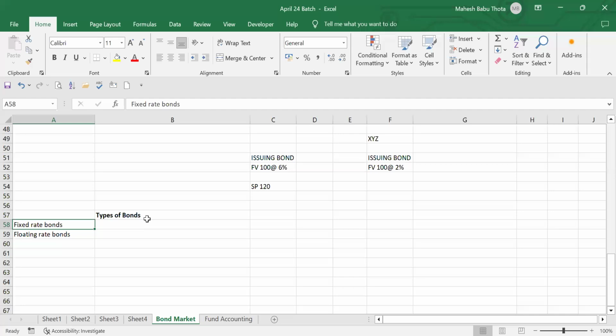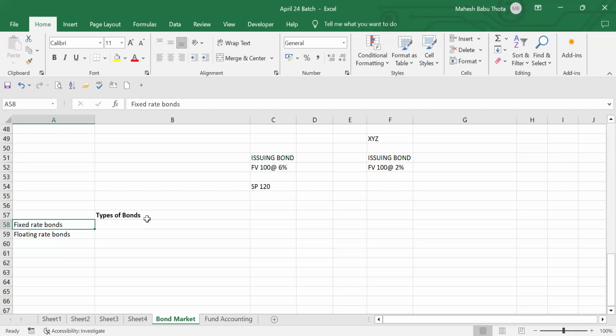Unless there are big changes in the economy and interest rates, there won't be much fluctuation in the bond prices, because the bond interest has already been determined and is not going to change. You guys can remember this, right? What is a fixed rate bond?